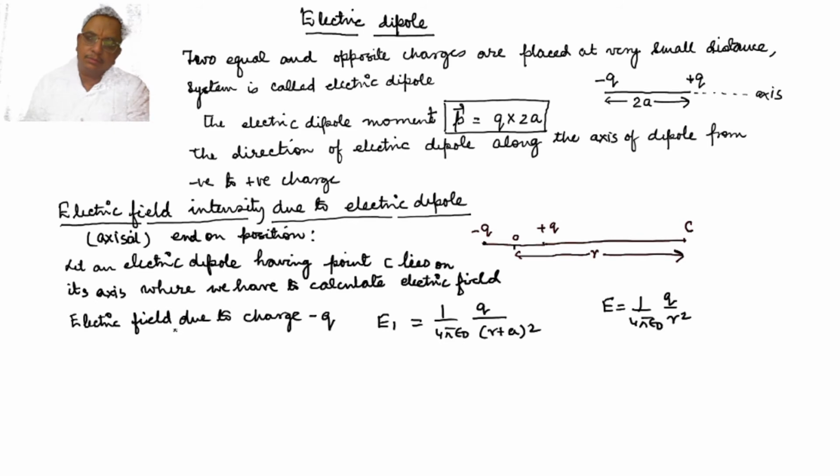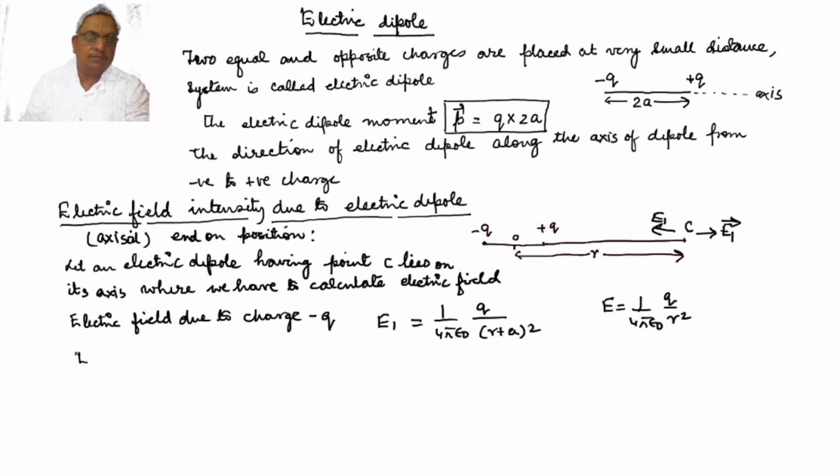Now the direction of the electric field will be, this will be E1, and due to positive charge the direction of electric field will be outward. I have given an idea in my previous videos: due to negative charge the direction is towards the charge, and due to positive charge it is outward.